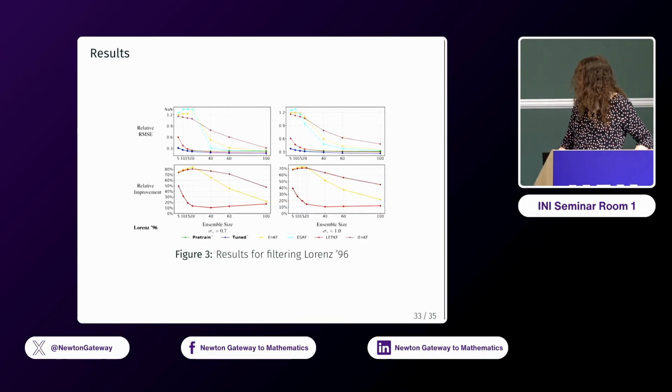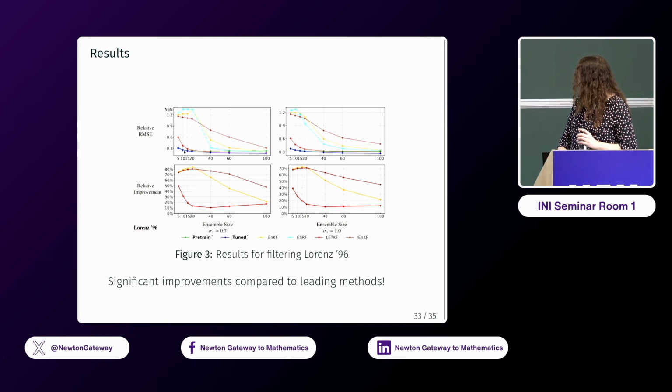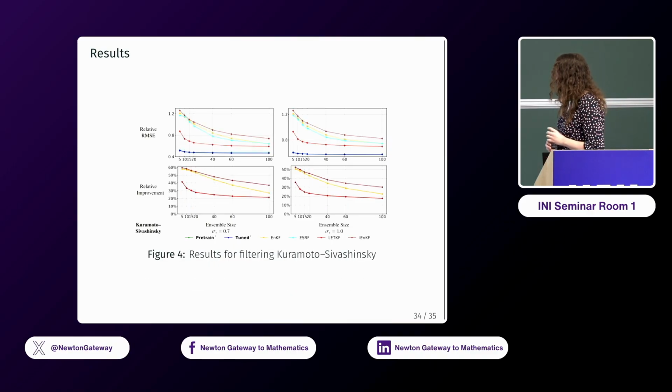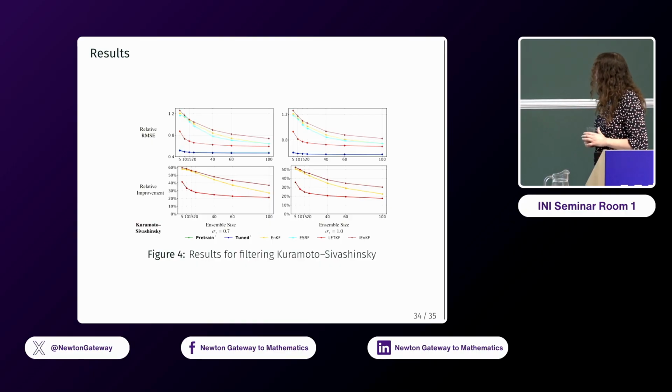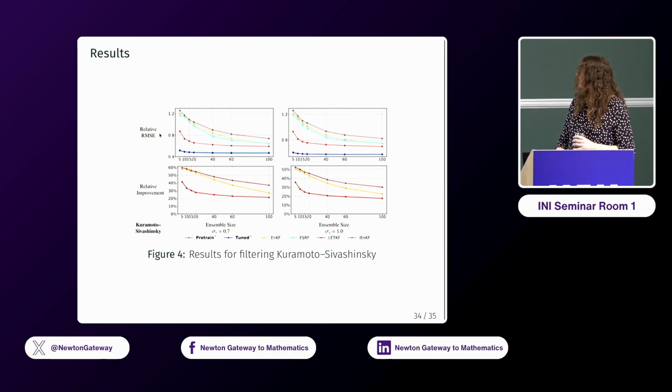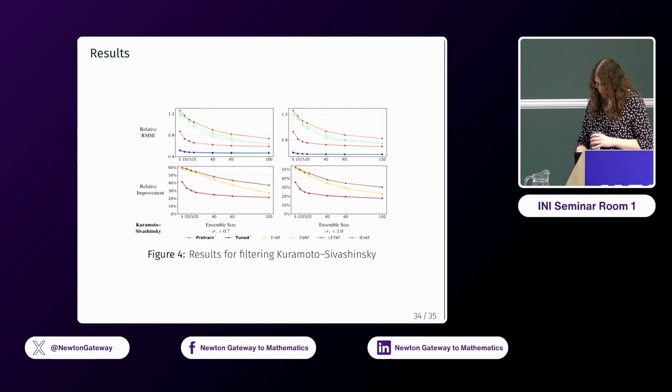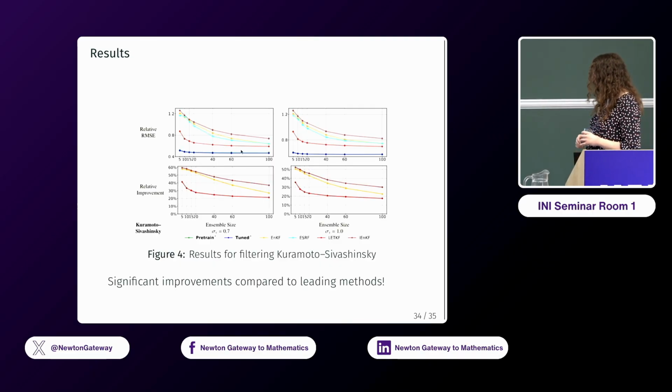So we can actually see that we're doing quite a bit better, especially at the smaller ensemble sizes. And we outperform all of the other methods as well, so we have significant improvements compared to leading methods. We also have the Kuramoto-Sivashinsky equation, and again we see very significant improvements compared to leading methods with our learned filter.